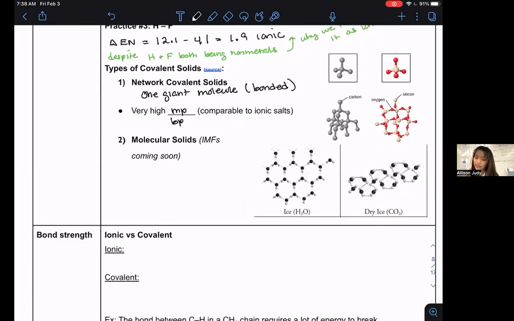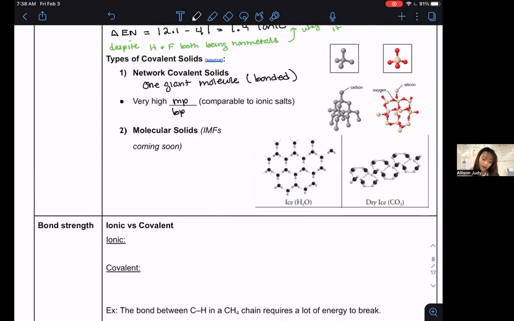And then the final one is molecular solids, which is where we're going to talk about that really important difference between the idea of molecules interacting through bonding and molecules just simply interacting. All right. And molecular solids are connected through IMFs. IMFs are what we call the forces between molecules that aren't an actual bond. Okay.